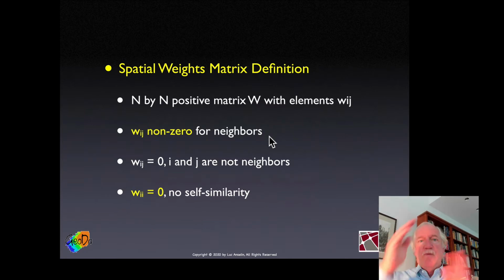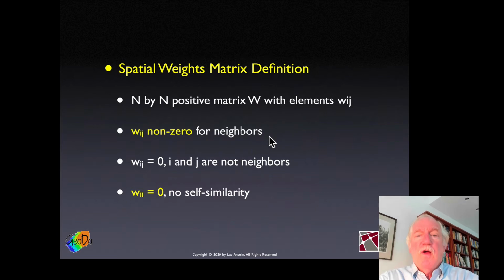So a matrix has diagonal elements in the middle. That's Wii. Is i a neighbor of itself? In this context, it is not. But this is purely a convention. So because it's not, Wii, the diagonal elements, are set to 0. There are some cases in the literature where self-neighbor relations are allowed, and then Wii can be equal to something like 1, but we will not consider those.